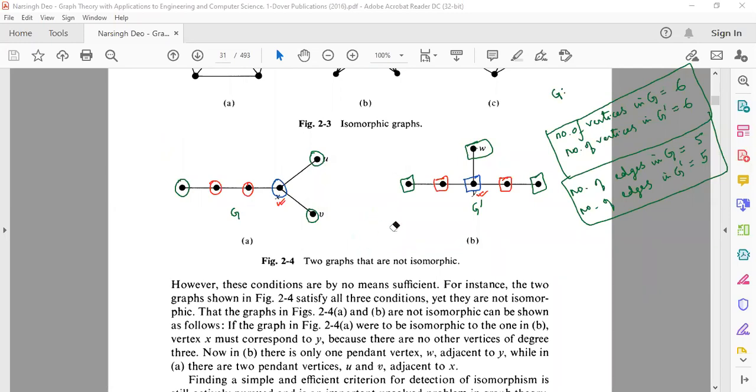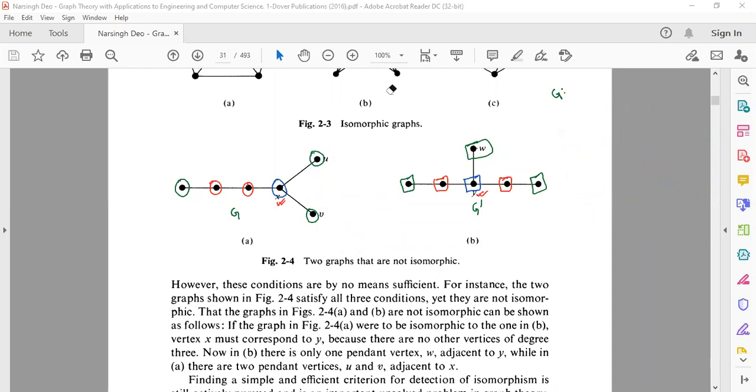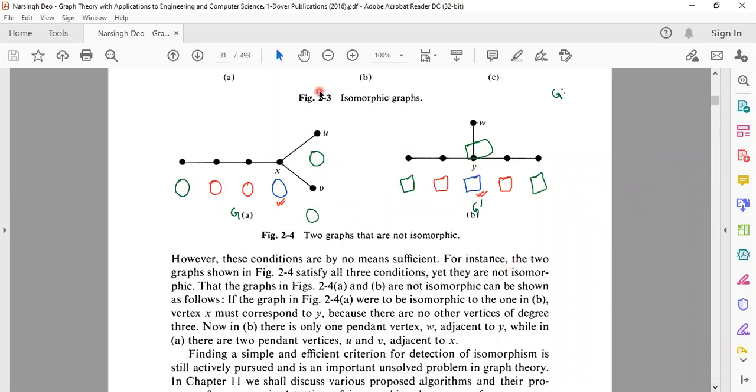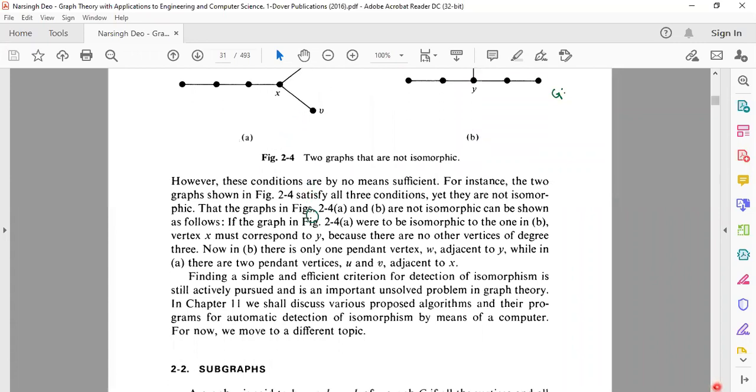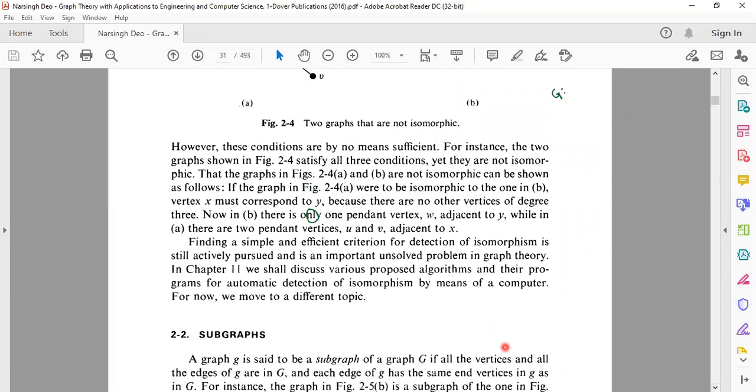So you can say that the three rules have been defined in the previous page, and all three rules are satisfied, but yet the graphs are non-isomorphic graphs. So what is the general rule to find that two graphs are isomorphic? You see that in this particular paragraph, it is written that finding a simple and efficient criterion for detection of isomorphism is still actively pursued and is an important unsolved problem in graph theory.